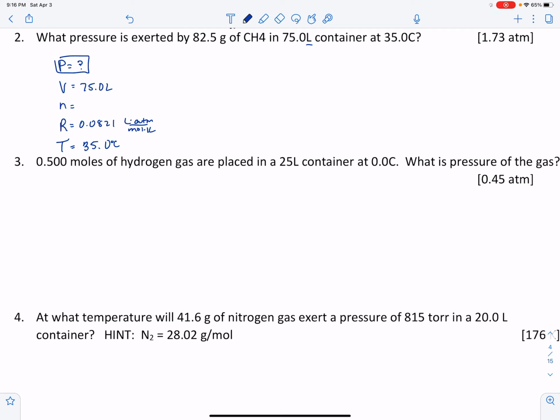Now, again, that's not in the right unit, and I can tell that right away, so I am going to go ahead and put this like this as a reminder to myself. So I've used this number and this number.